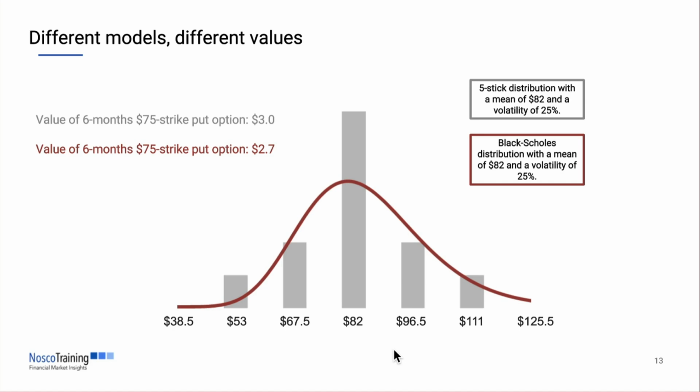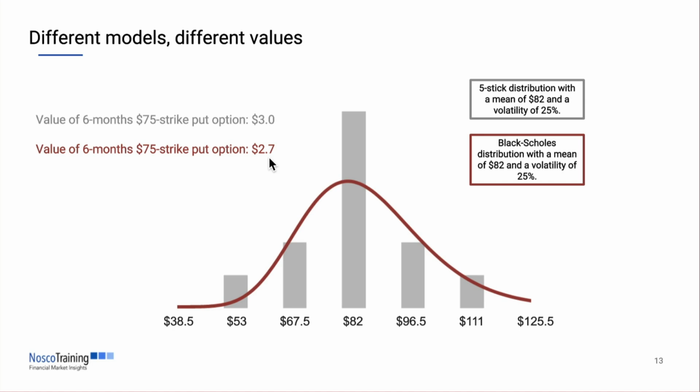If I now use a Black-Scholes model, and again, if you want to see a Black-Scholes model, there is a button in our e-lecture that brings up such a model. The price is actually quite a bit different. It's about 10% difference, right? We get a price of about 3, and Black-Scholes gets a price of about 2.70.